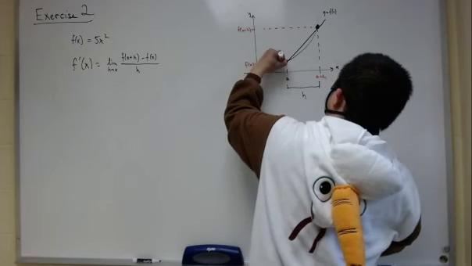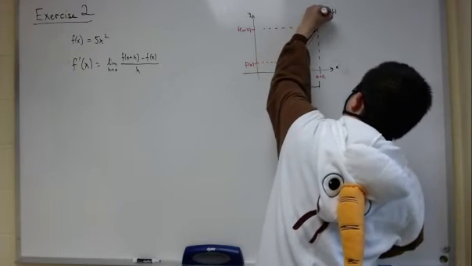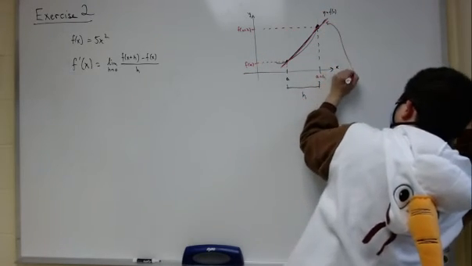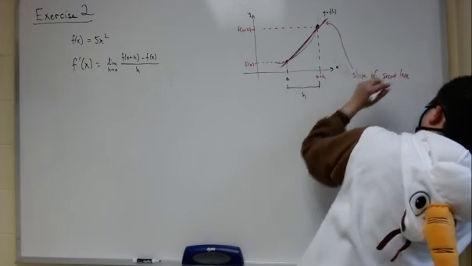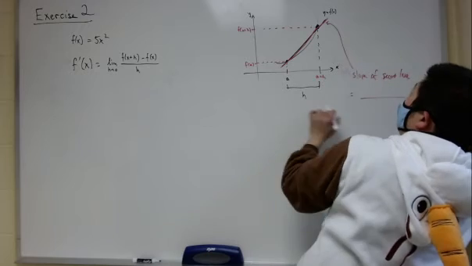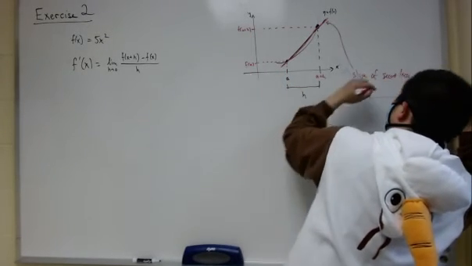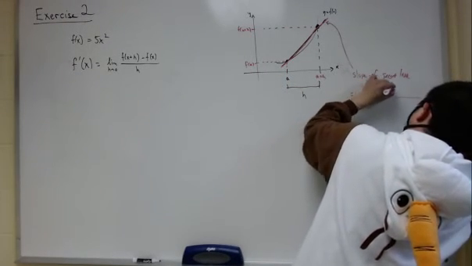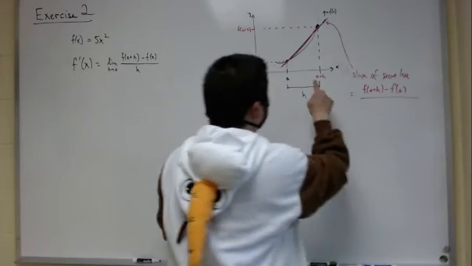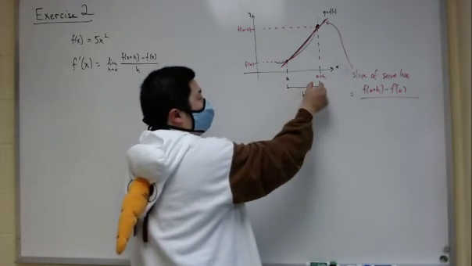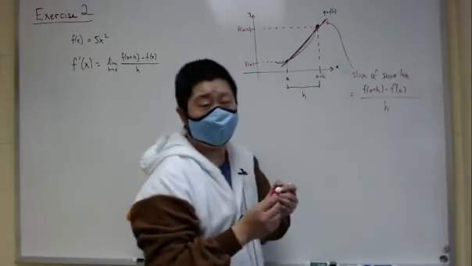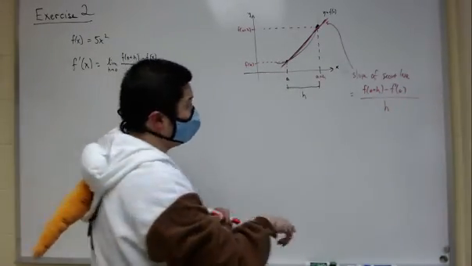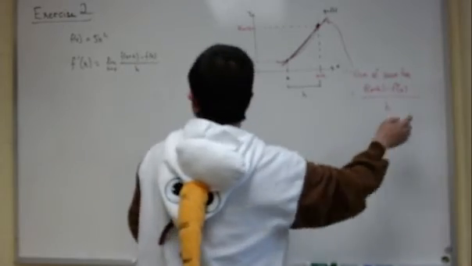So what's the slope of this secant line? It's got to be change in y over change in x. The y coordinate, this minus that, f of a plus h minus f of a, all over this x minus that. So a plus h minus a simplifies to just h, since you've got a plus a and a minus a. Take care of those.